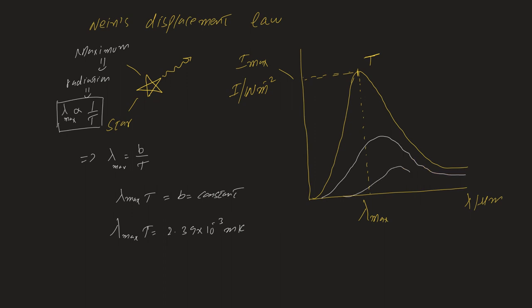So see here, for example, if here is 6000 and here, for example, 4000, if you join all of them, it means if temperature is increasing from 4000 to 6000, the wavelength is decreasing. So T increases, so wavelength decreases.